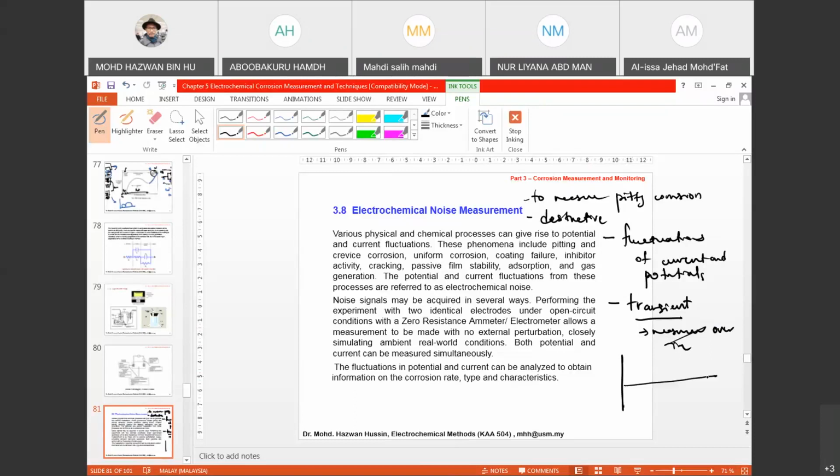Let's say you are doing some measurement at a definite time. You are going to see the fluctuations of potential and also fluctuations of current.